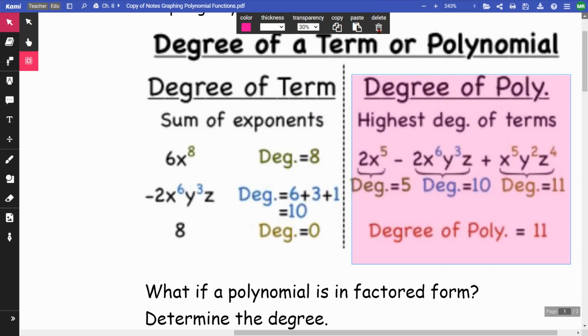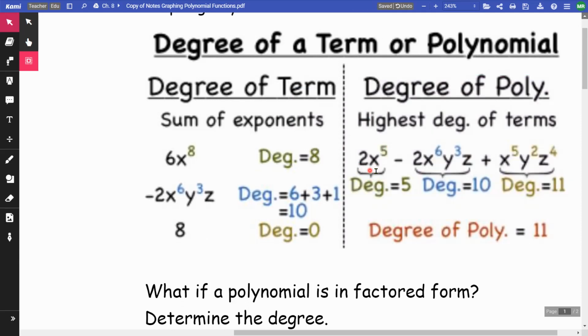So in this case, this term is a degree 5. This term right here is a 6, 3, 1, so it's a degree 10. This one here is a 5, 2, and 4. When we add that together, we get an 11. So this whole entire polynomial is degree 11.